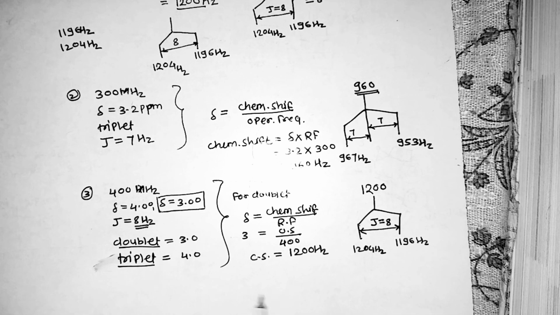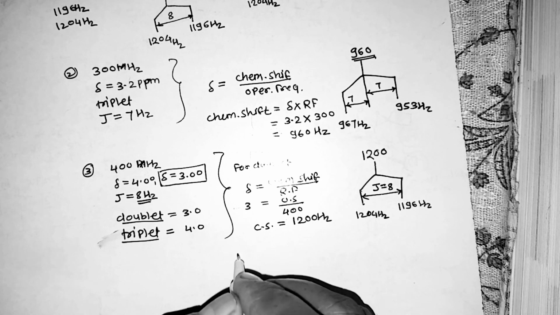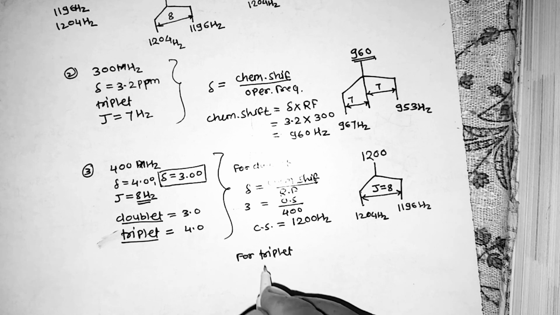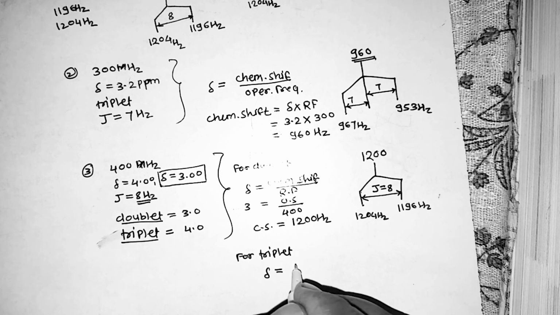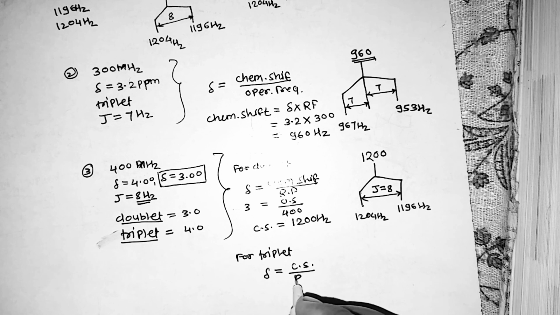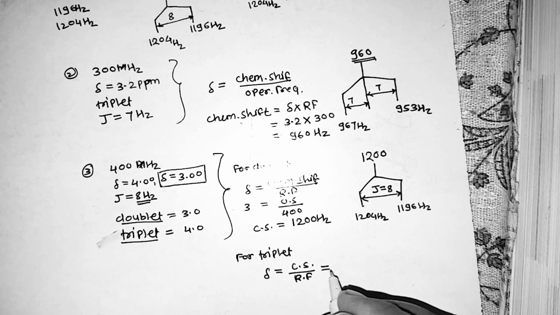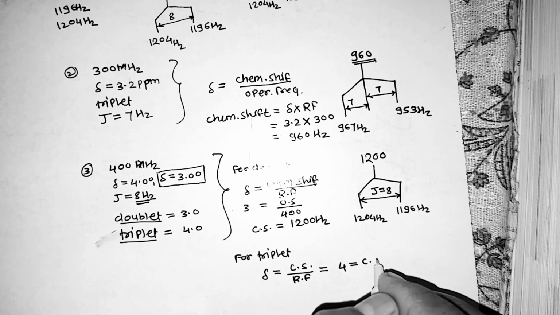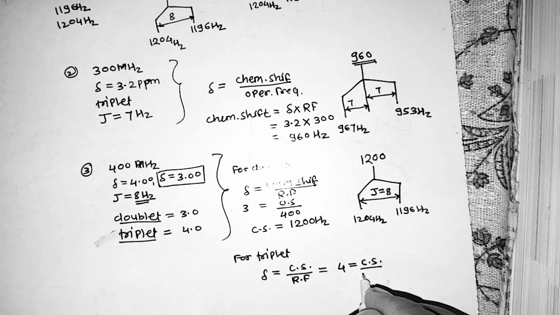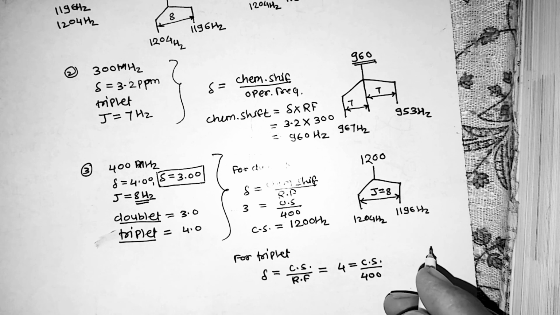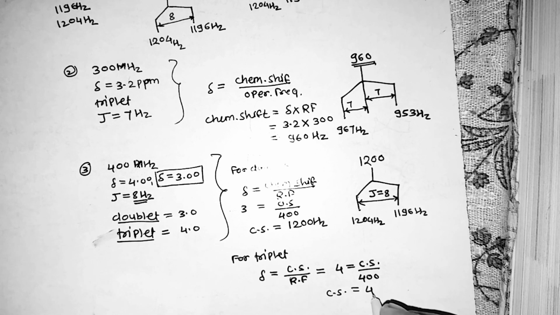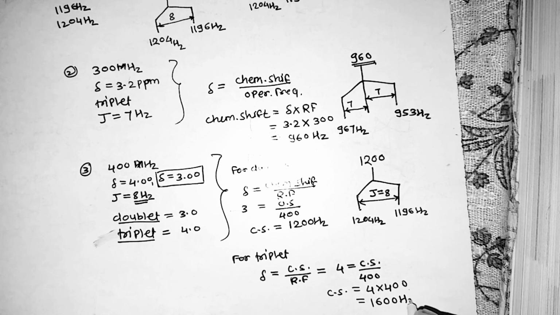This is for the doublet. For the triplet you have to calculate delta is equal to chemical shift upon RF value, which is delta value for triplet 4 is equal to chemical shift upon RF, 400 for both signals. So chemical shift is equal to 4 into 400, that is 1600 hertz.